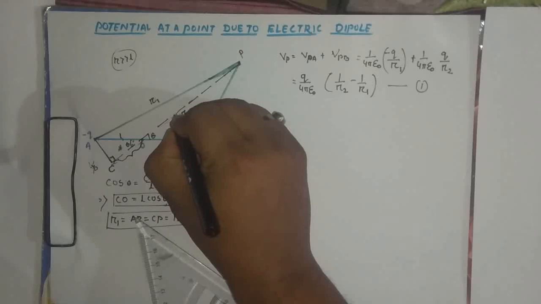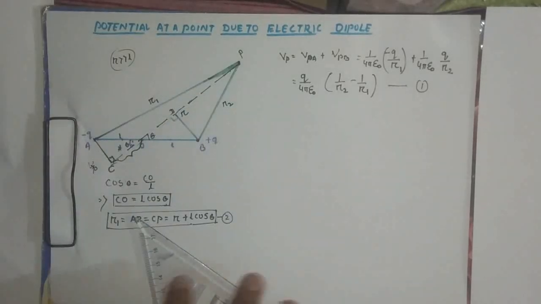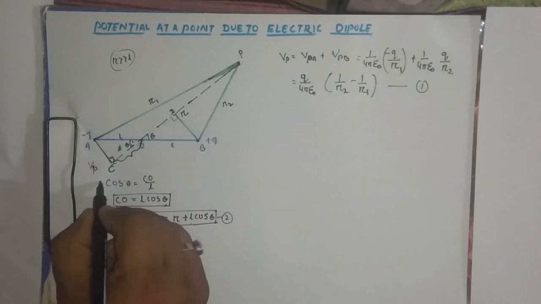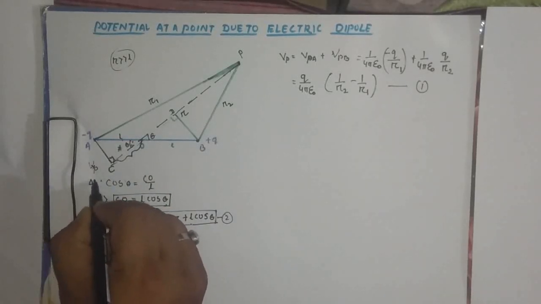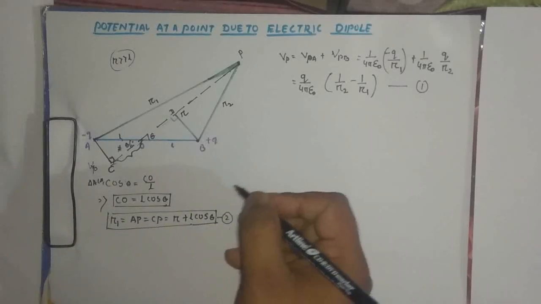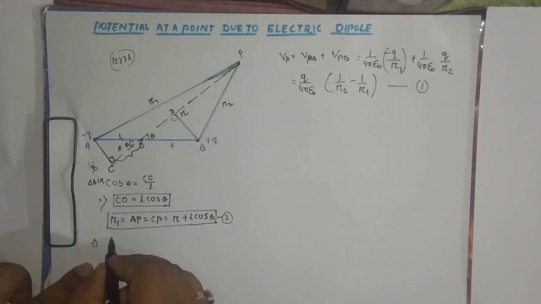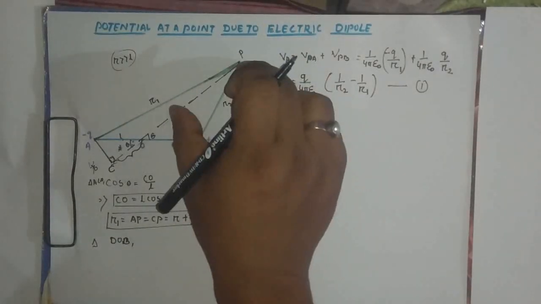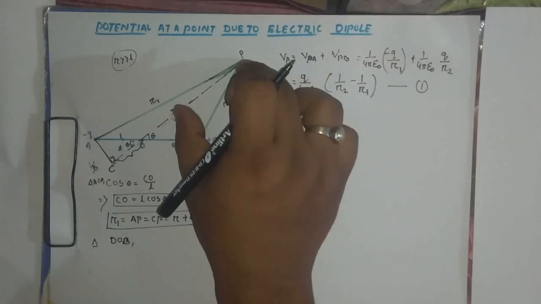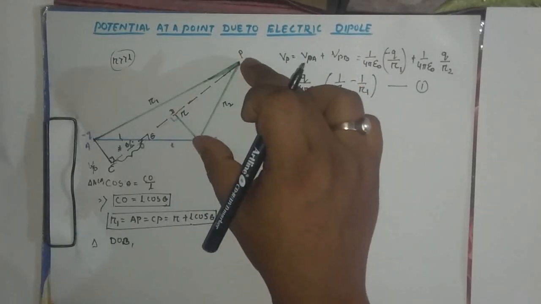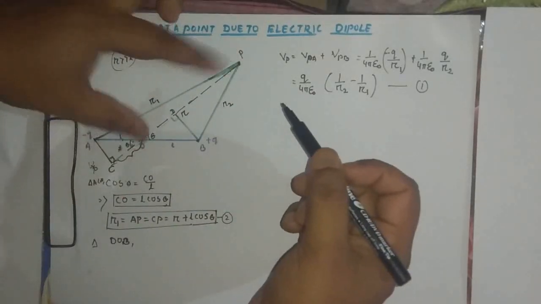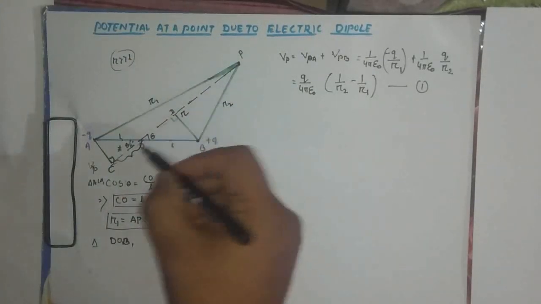Let us mark this point as D. That was from triangle ACO. Now I want to check triangle DOB. Obviously BP will be equal to DP. I want R2. R2 will be R minus this component, that is R minus OD.